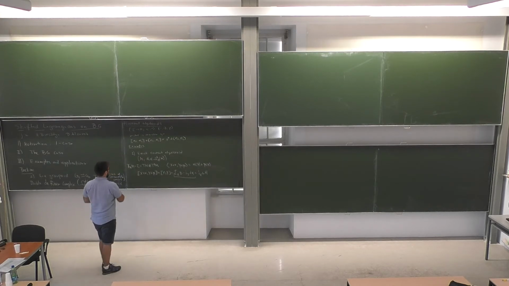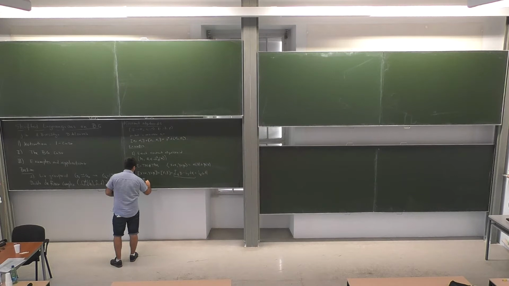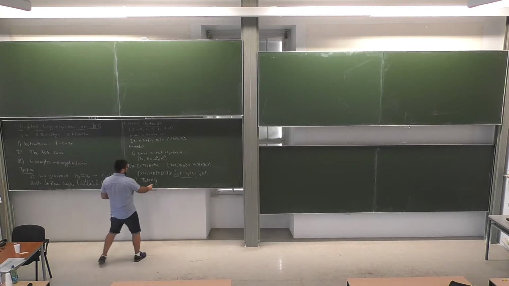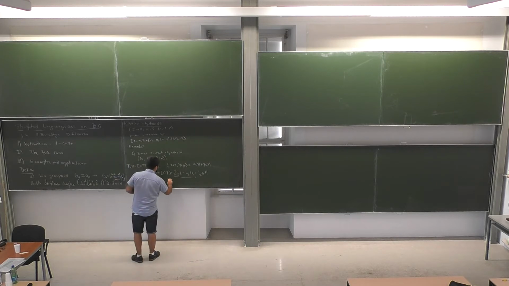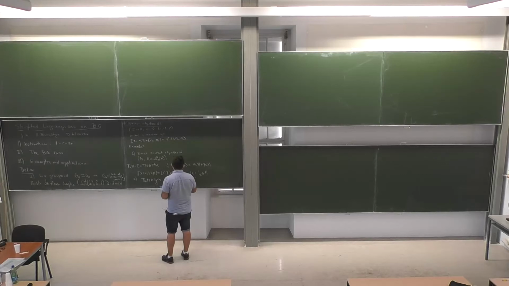And the second kind of Courant algebroids that we will meet is TM plus a Lie algebra, where here I'm extending g to the trivial vector bundle over M. So g is a Lie algebra. And moreover, it is a quadratic Lie algebra.